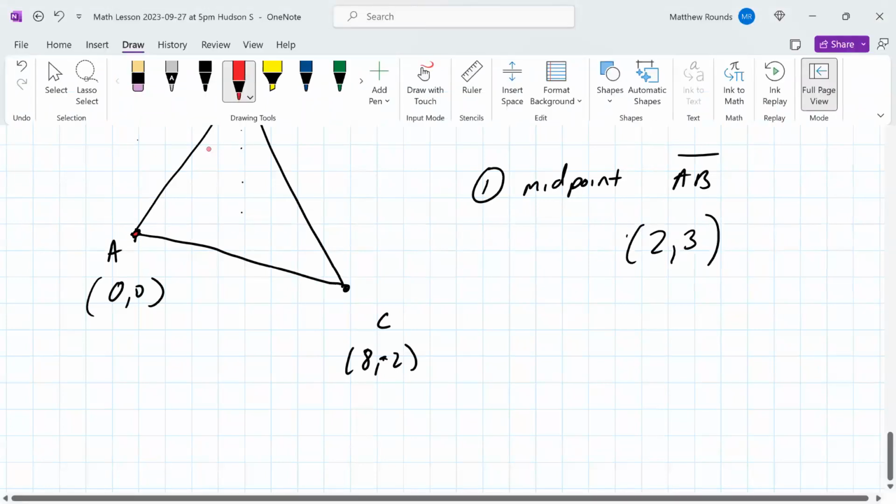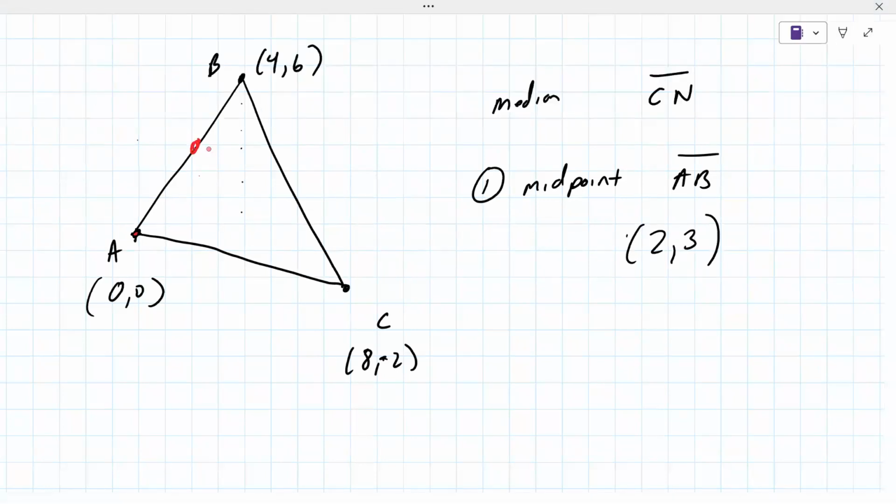All right, so now label that point on your graph, if it's convenient. Okay, now that's N.